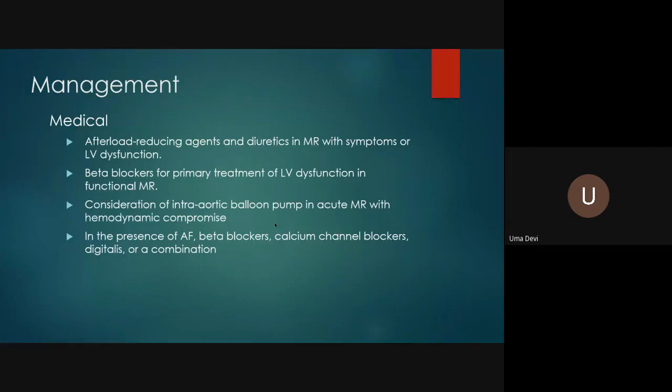Again, when you see the management which I have given here, you see that digoxin is not number one. You should always remember digoxin has a role, but it is not the drug of choice. What is the action of digoxin? It will increase the contractility, ma'am. Yes, positive inotropic, and it will reduce the heart rate.